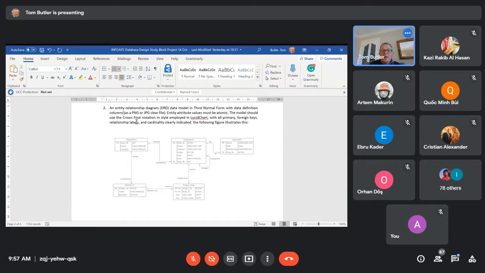Entity attribute values must be atomic, as I indicated. For the model, you should know the crow's foot notation as is, and also the data definitions, right? As indicated here, whether they're integers, the number of integers required, or the number of variable characters. And what's not shown here is the status, null or not null. Okay?